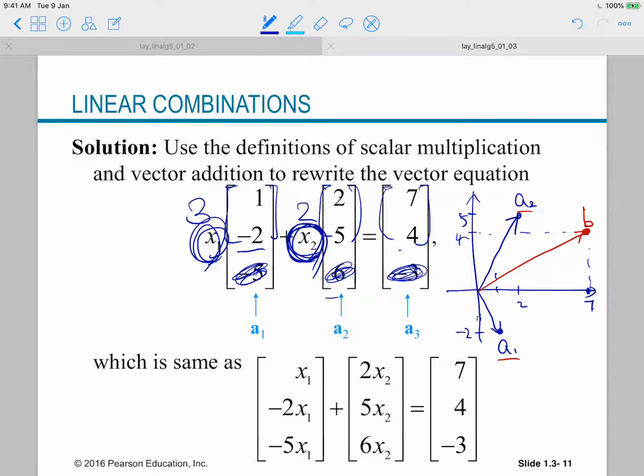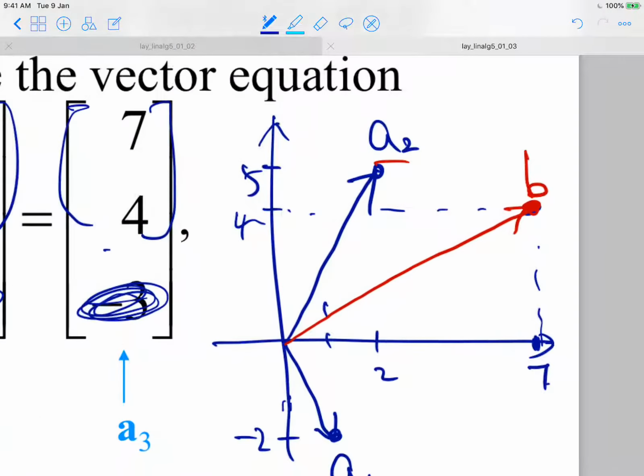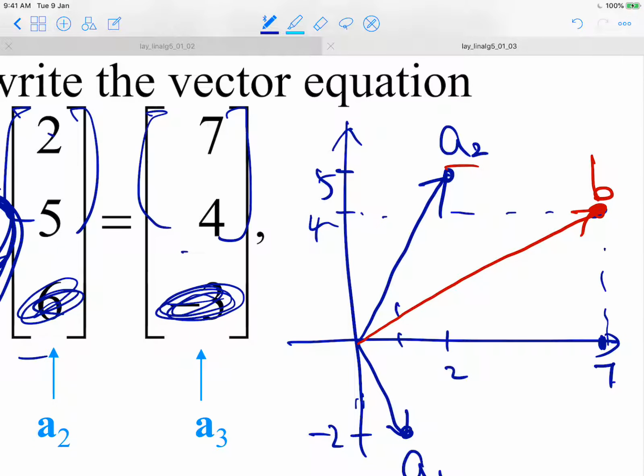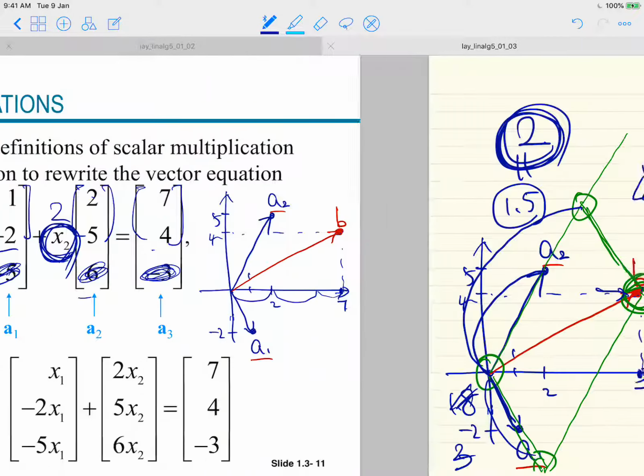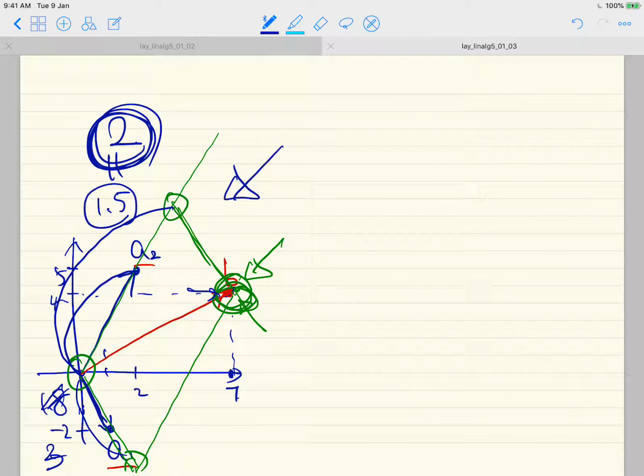Because it says 2, right? So this doesn't seem to be 2, right? So that's why this kind of distortion is plain over here. But yeah, you get the idea, right?